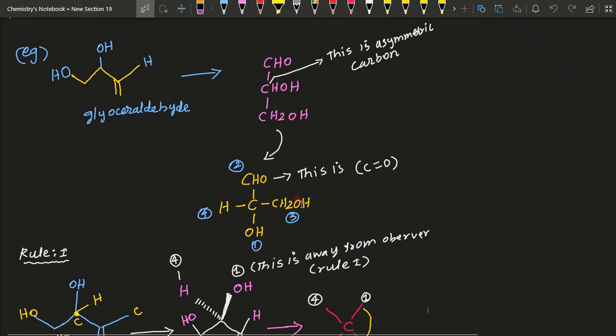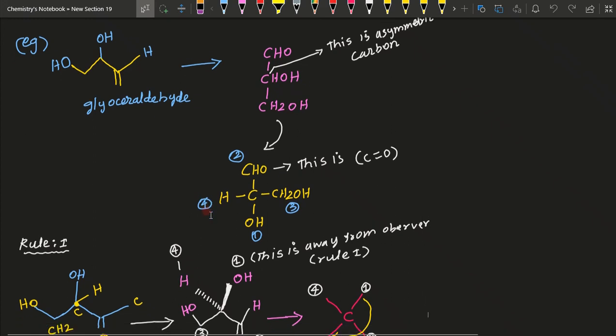So this is going to, this CH, we know aldehyde group is carbonyl group, so C double bond O here, first is alkyl group, second group aldehyde, third one is methanol, fourth one is hydrogen.